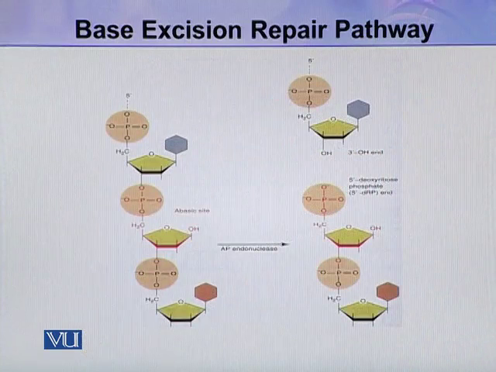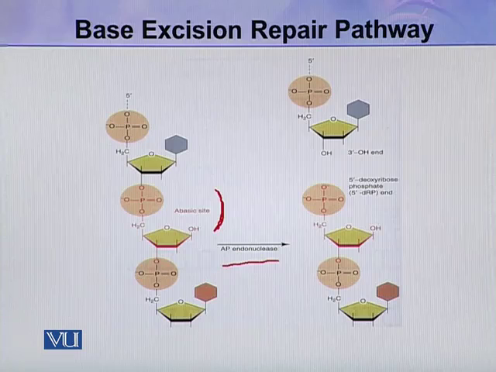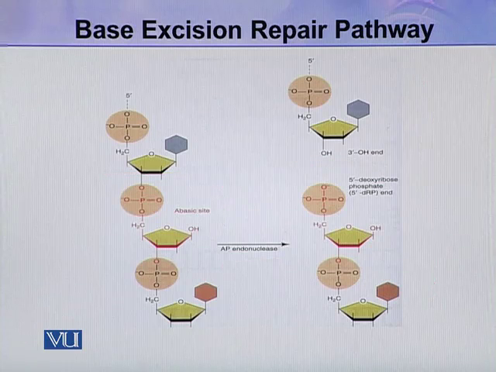Here you can see the first reaction caused the removal of a nitrogen base, and this created an AP site, and the AP endonuclease then cuts this from the 5' side. So when this bond has been cut, a nick is introduced in the DNA strand. This nick is introduced by AP endonucleases. So this is the second step in the pathway.